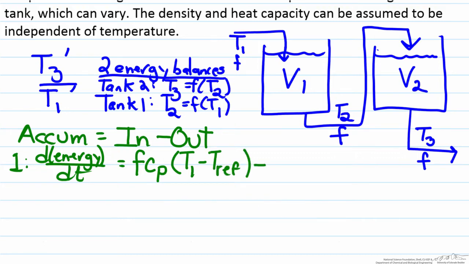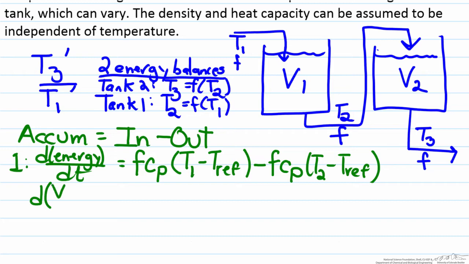We'll subtract that from the out term, which will be the flow rate coming out, F, multiplied by the enthalpy there, which we'll say is Cp times T2 minus Tref. We'll do some analysis here where we have the energy inside the tank can be represented as the mass of the fluid, which is going to be V1, which is a volume, multiplied by rho, multiplied by the enthalpy, which will be Cp.